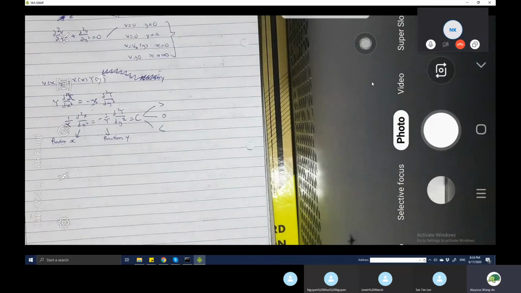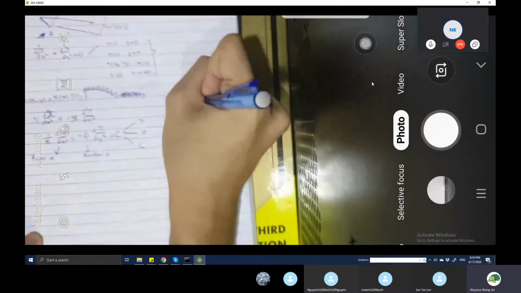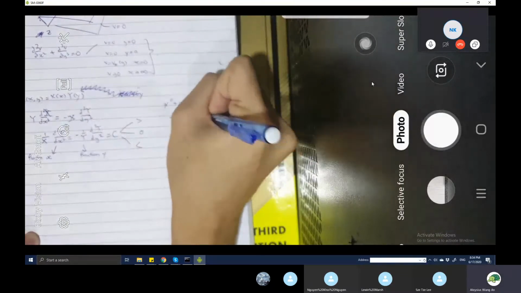And at this point in time, you guys should already be quite familiar with your second order linear differential equations. But basically, if you have an equation that looks like this, y double prime plus cy is equal to 0: if c is positive, you get a sine plus cosine kind of solution.